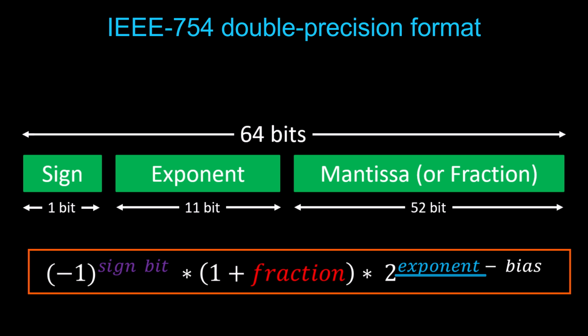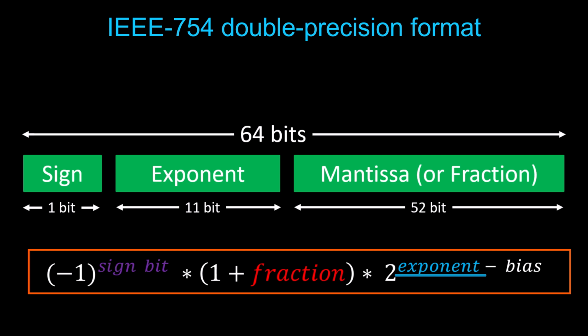In double precision format, the bias is 1023. Why specifically 1023? Because for exponent we have 11 bits allocated. Then for bias we are allowed to allocate only 10 bits. And remember from the previous decimal to binary video, if you have only 10 bits in binary, our decimal number should be lower than or equal to 2 power 10 minus 1, and it is 1023.